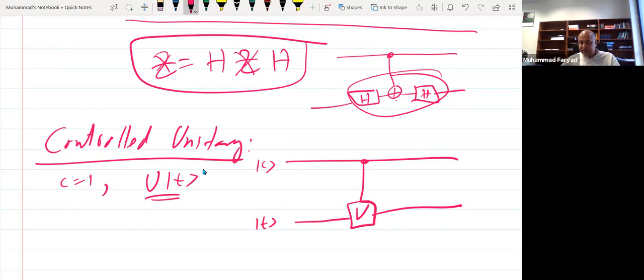And in general, we can construct this unitary gate using control X gate once we know what the form of unitary gate is, using maybe one or more control X gates. We will do it when we get to a situation where we actually have to find it out.